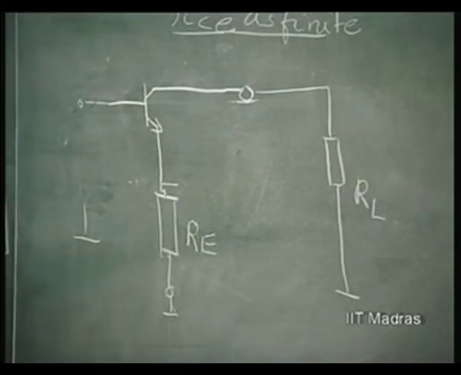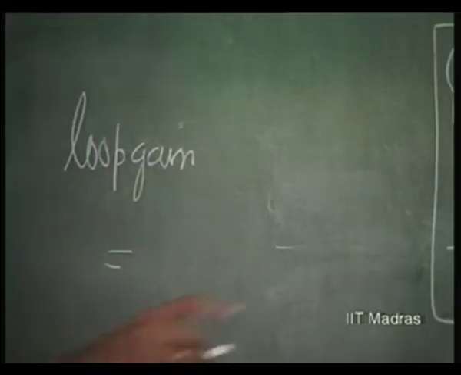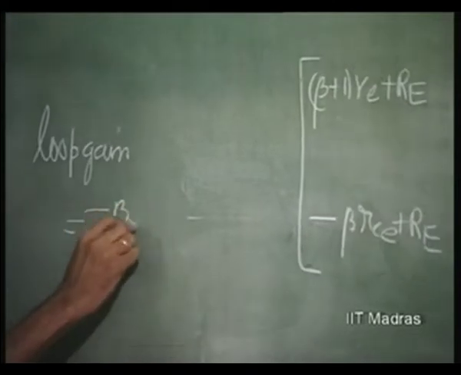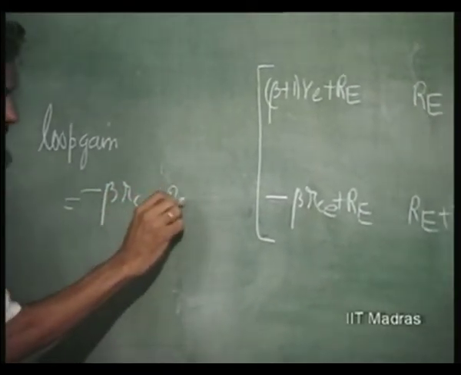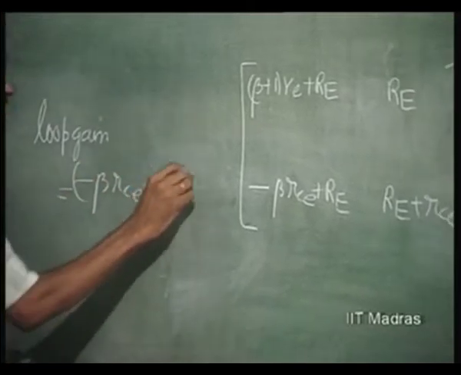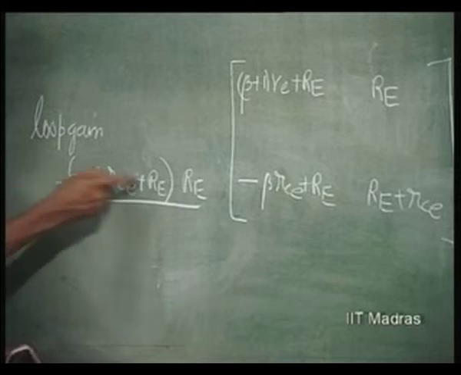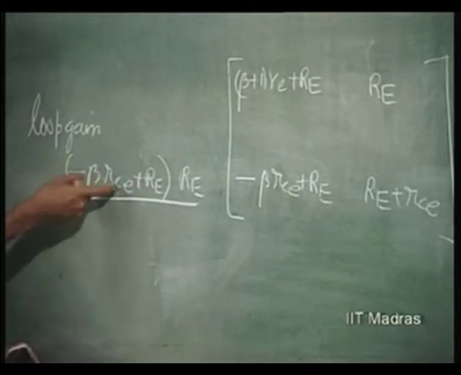So, now we have to find out the loop gain, which is nothing but this into this divided by this into this. So, minus beta RCE plus Re into Re. For it to be negative, this should be dominant compared to this. This is always the case. RCE itself is very high, beta times RC is still higher.